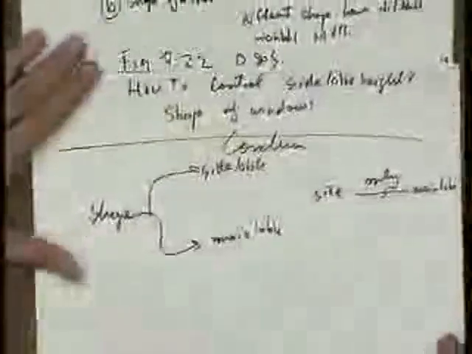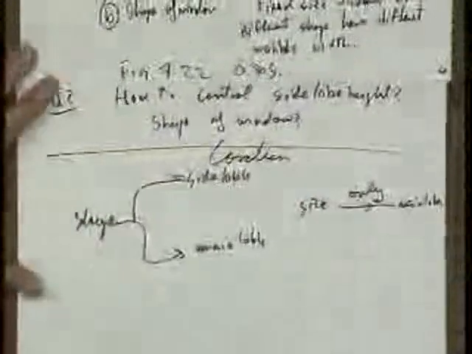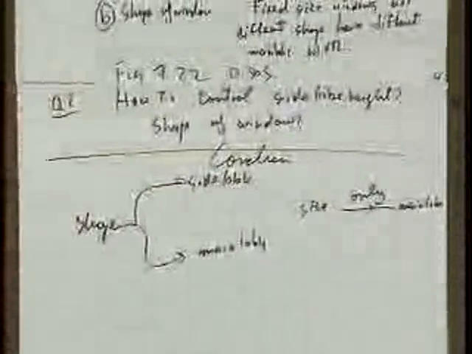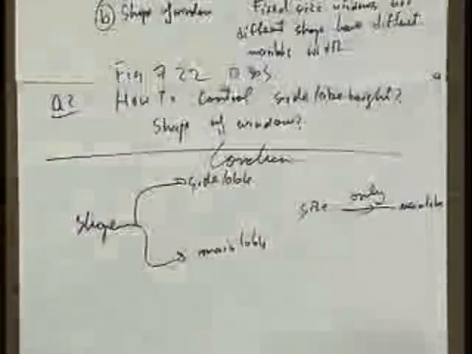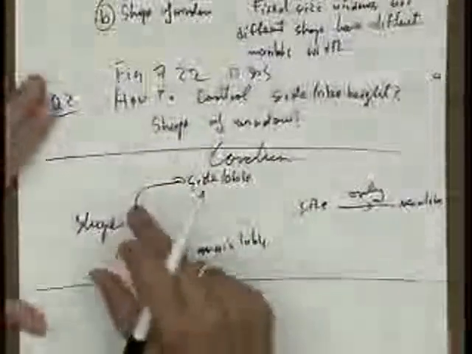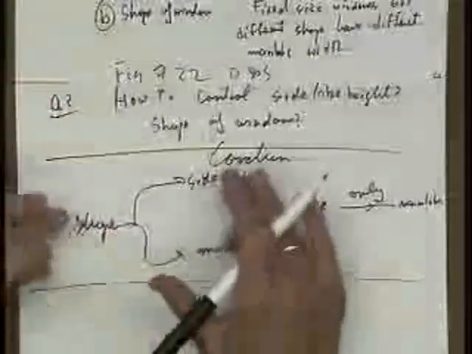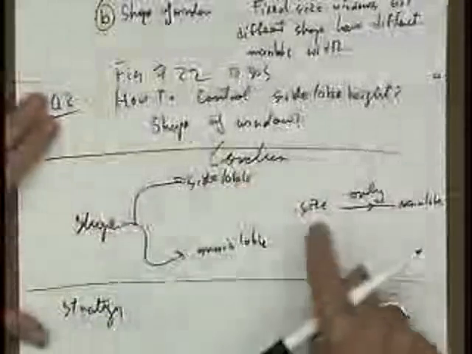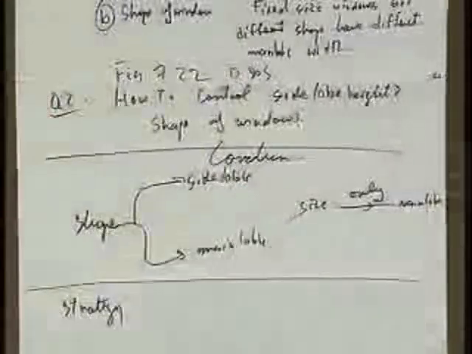Based on this observation, what's a good strategy to design our window function? Well, we know the only way to affect the side lobes is through shape. So we might as well choose the shape to do something useful to our side lobe, and then choose the size to affect the main lobe. Because if you do it the other way, you'll have no control over the side lobe.